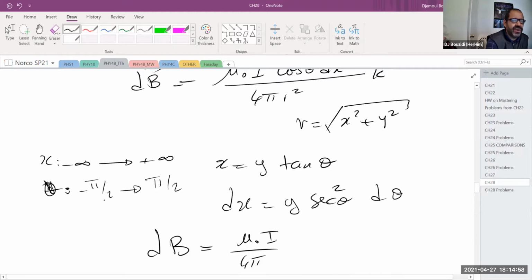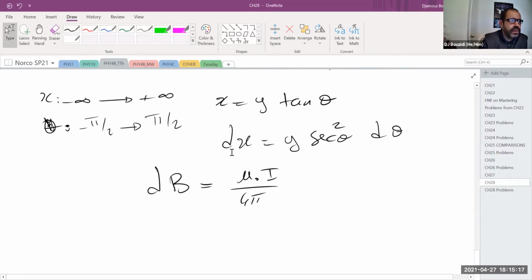In other words, the tangent of negative pi over 2 goes to negative infinity, and the tangent of pi over 2 goes to positive infinity, because the tangent has an asymptotic behavior around these two points for the angle.